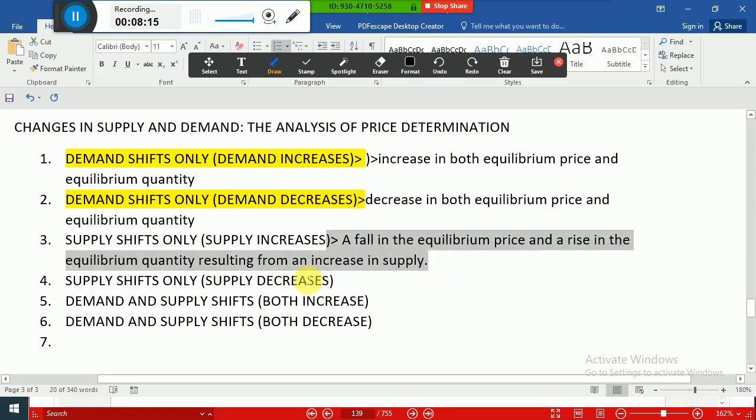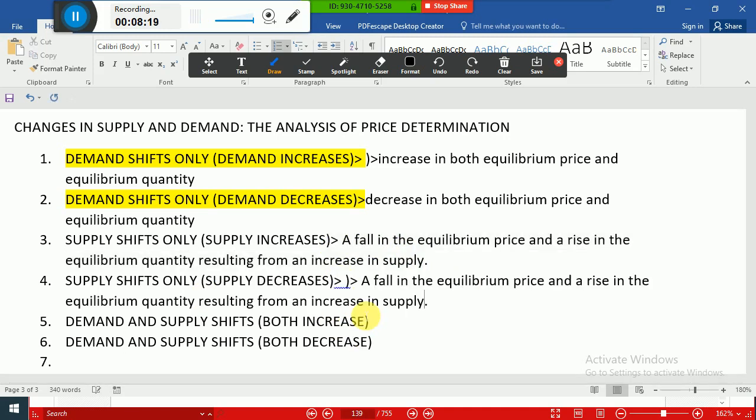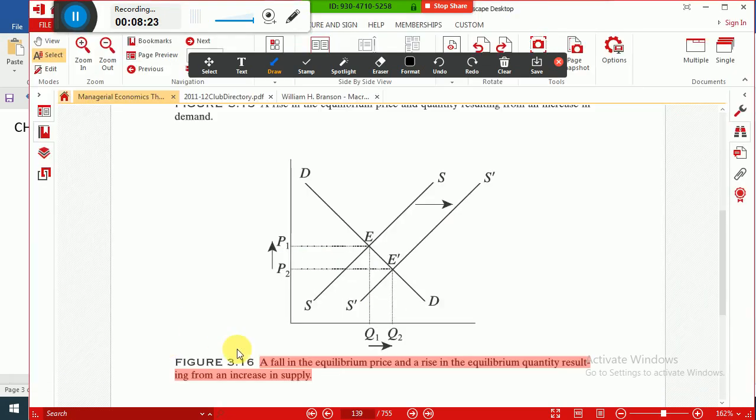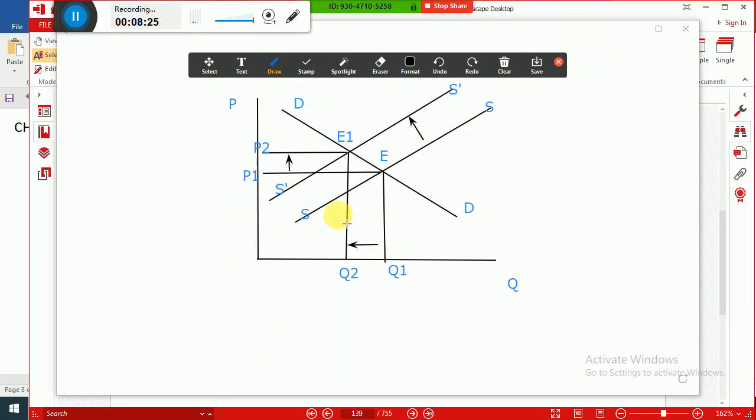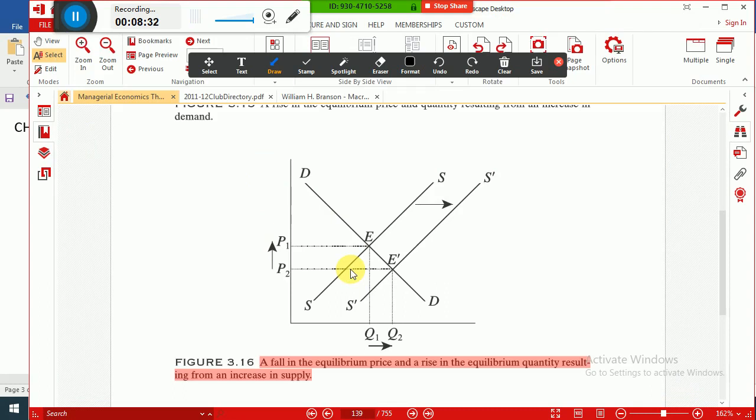Similarly, when supply decreases, as we have seen in this diagram, what is the result? Equilibrium price increases, equilibrium quantity decreases.